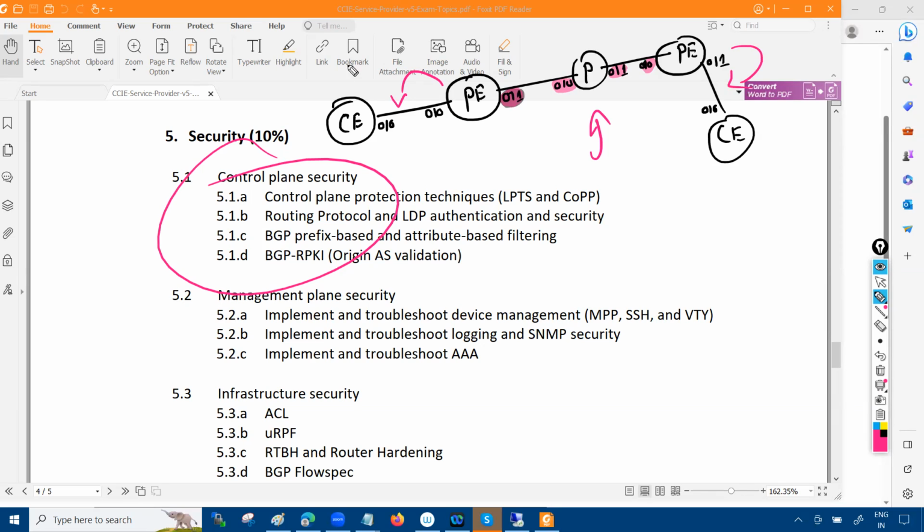If I allow the customer to run MPLS with the LDP protocol, it can make an attack on the core network: an LDP attack, an LDP DoS or DDoS attack. That's why it's not recommended to run LDP on the customer-facing interface.